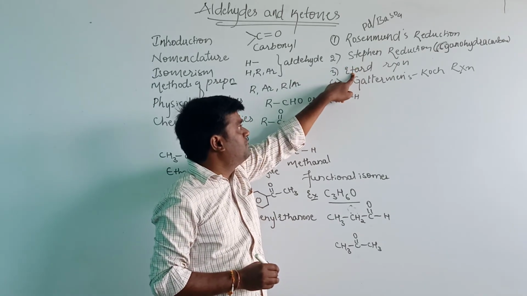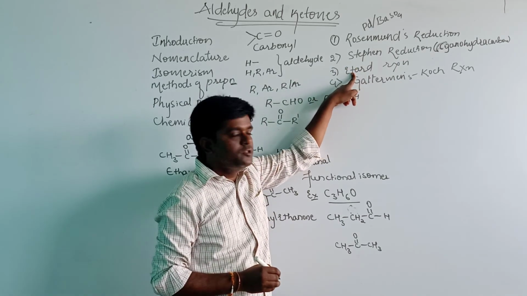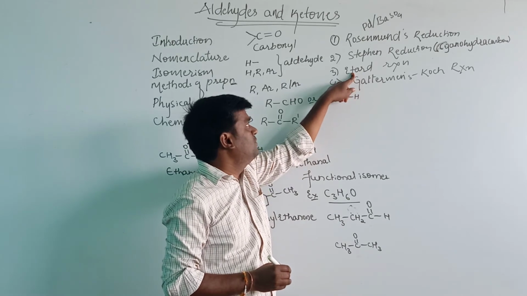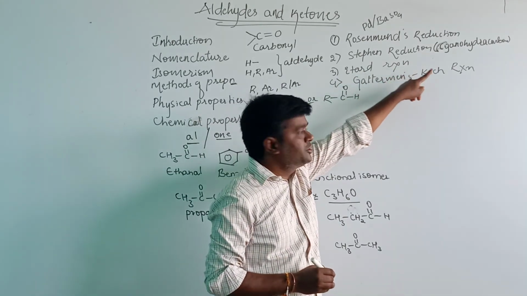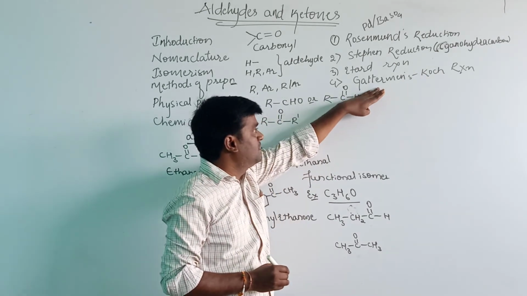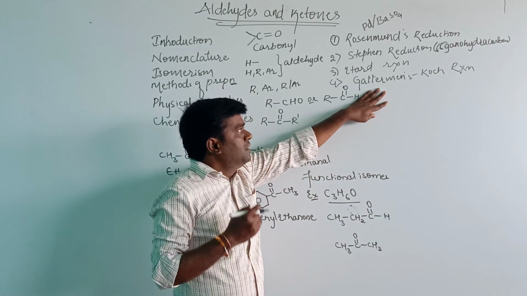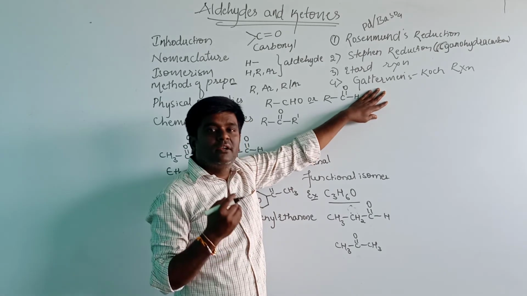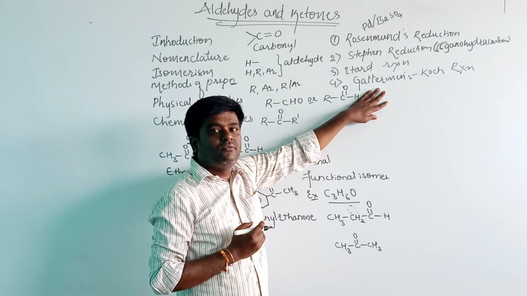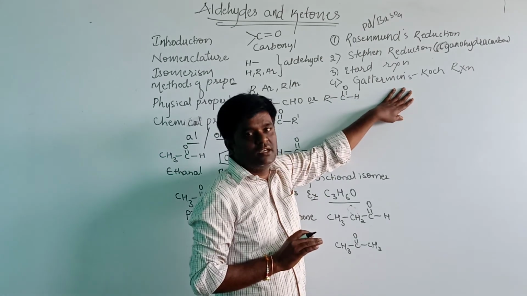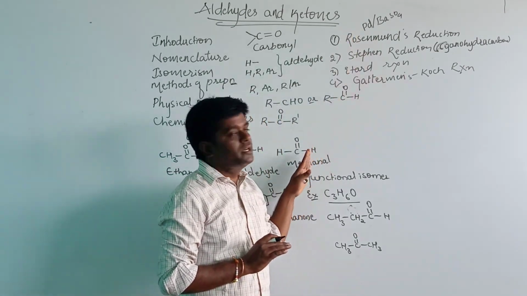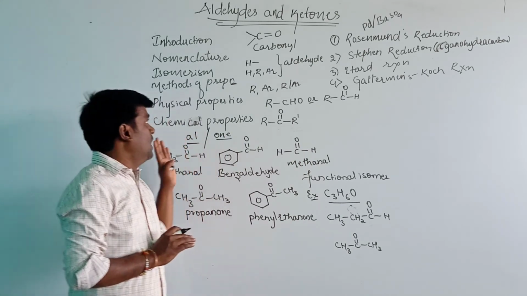And by the oxidation of toluene, we can carry out the preparation of aldehydes. And in the Gattermann-Koch reaction, reacting carbon monoxide with benzene will give an aldehyde. These are the four special methods for the preparation of aldehydes.